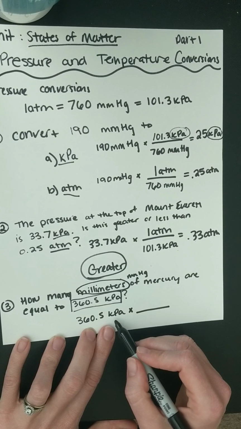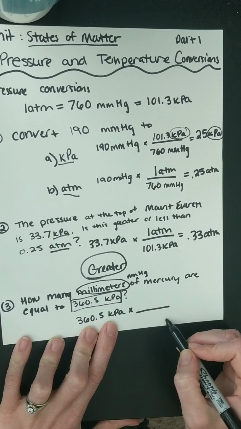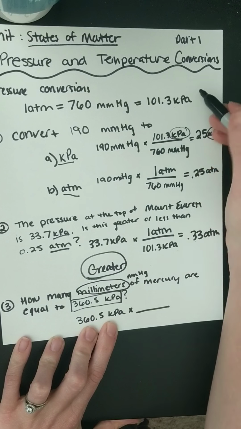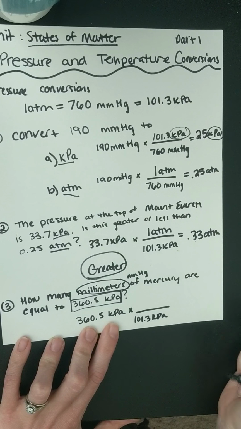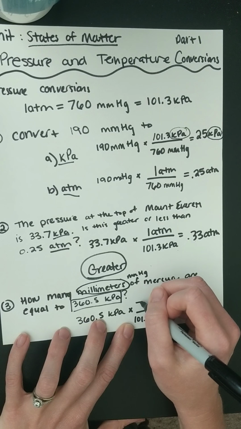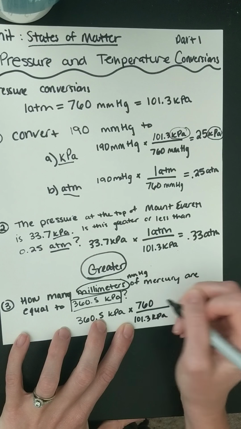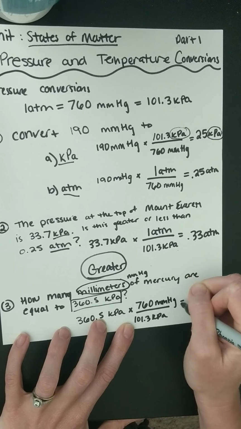Okay, so you should have known that kPa should go in the denominator of my next part, and the conversion is always 101.3 kPa. And I'm trying to get to millimeters of mercury, so the conversion to millimeters of mercury is always 760 mmHg.